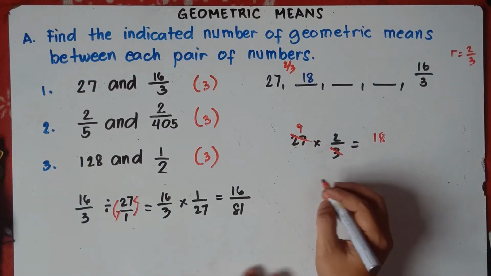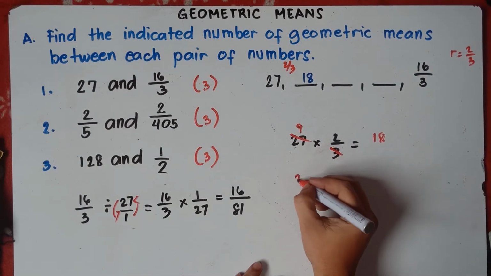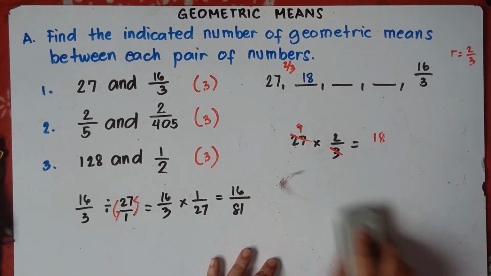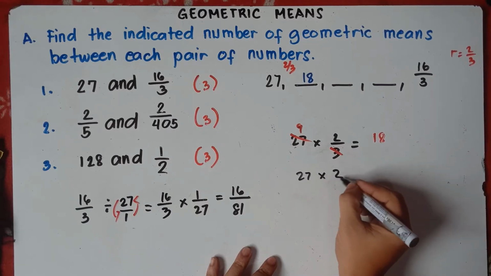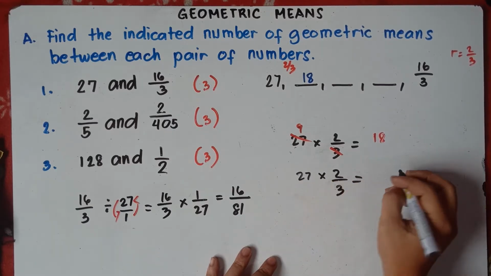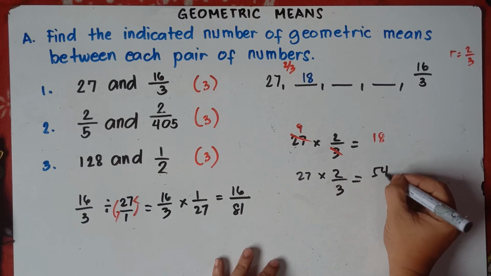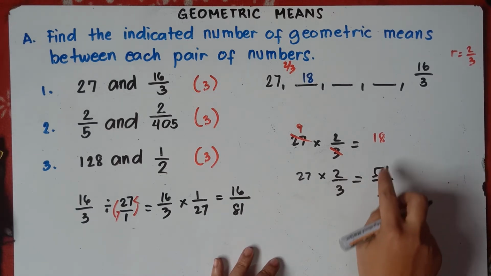But if you want the long method, class, if you're confused with this one, you can do it like this. But it will take time, class. So 27 times 2 over 3. You can multiply 27 times 2. That's 54. Divide by 3, and you will get 18.